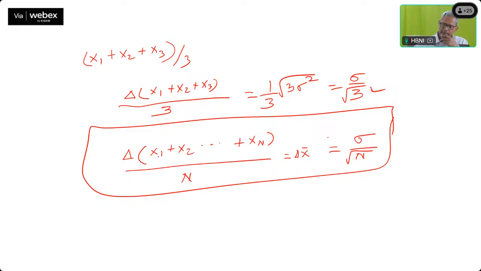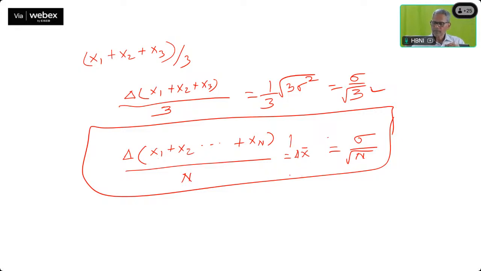You see, each measurement has an error of sigma. But when you take the average over a large number, your uncertainty is decreasing. So as you increase the number, your uncertainty keeps on decreasing. This is a very powerful conclusion we are learning from statistics, that if my process is statistical, I can always reduce that error, and it will follow this rule.